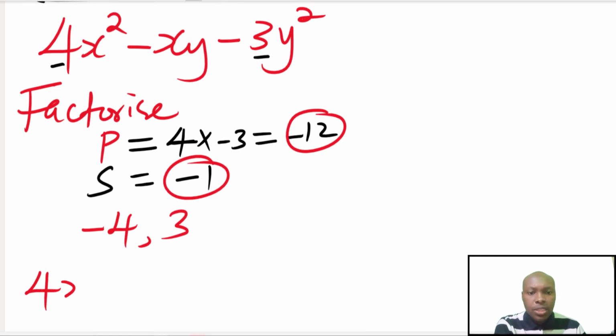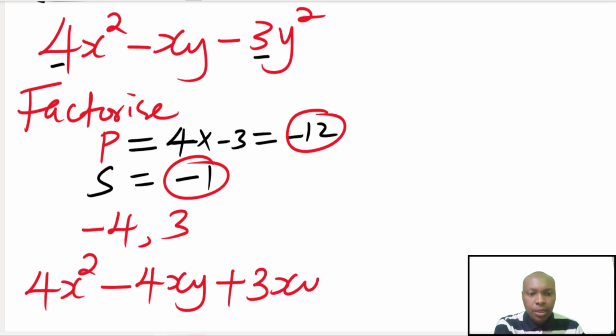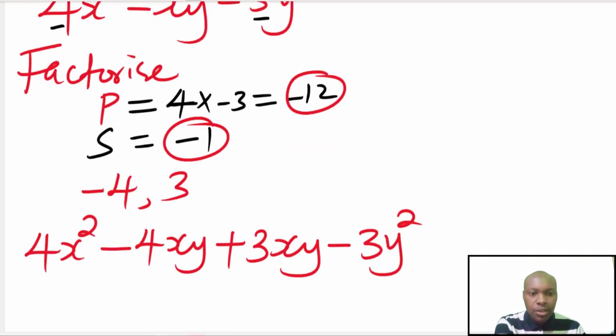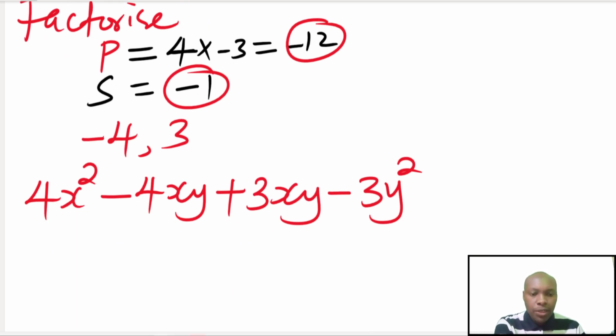Now this is how we insert the numbers. We write the expression like this: 4x squared minus 4xy, then plus 3xy. You can see how we incorporate the two numbers, negative 4 and 3. Now it will be easier for us to factorize.